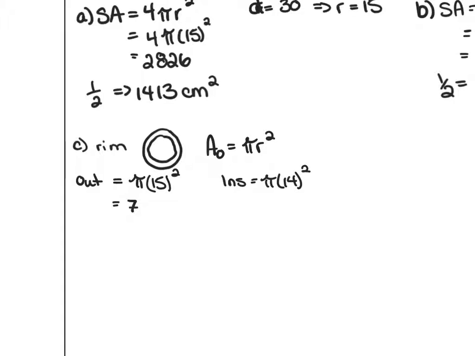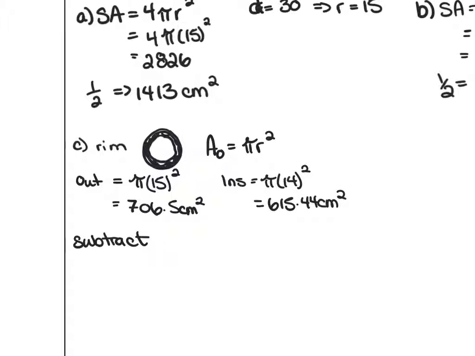So this one is 706.5 centimeters squared, and this other one is 615 centimeters squared, and we're just going to subtract because that will give us just this part, this outside part, which is what we really want.